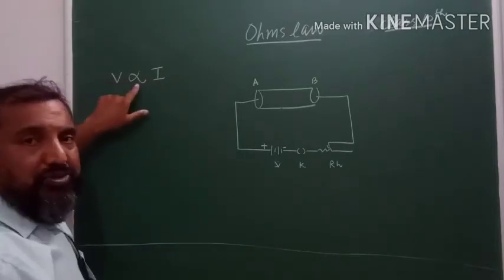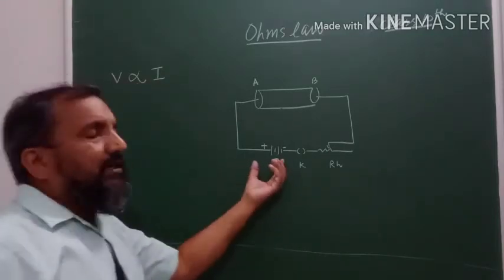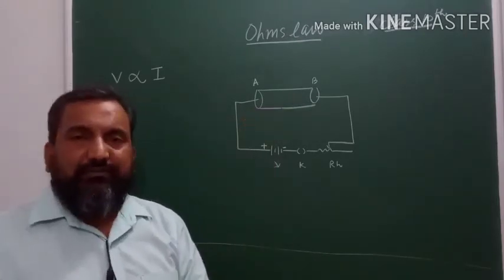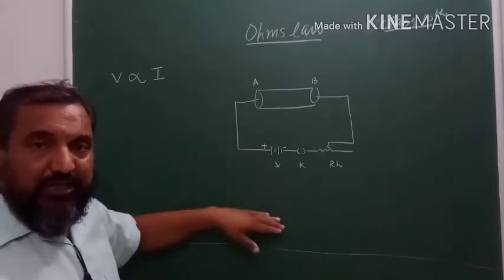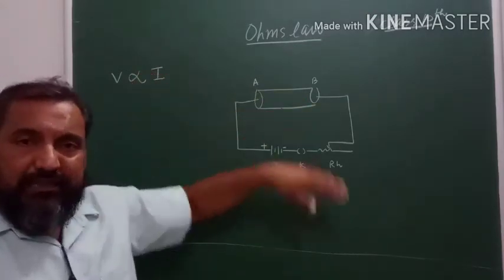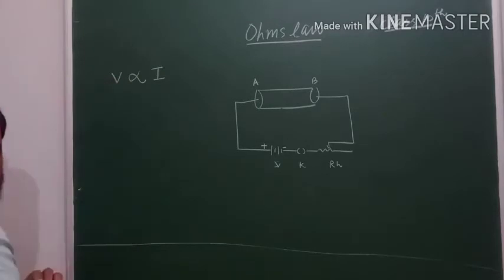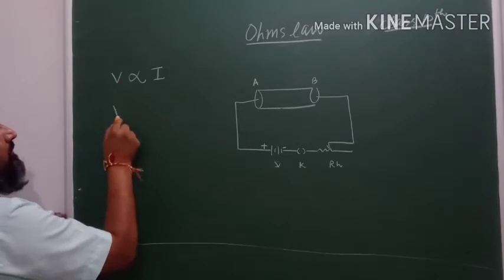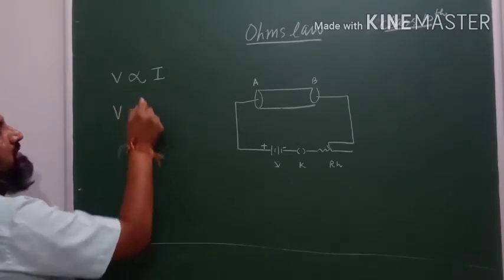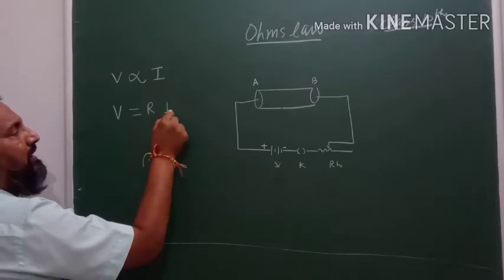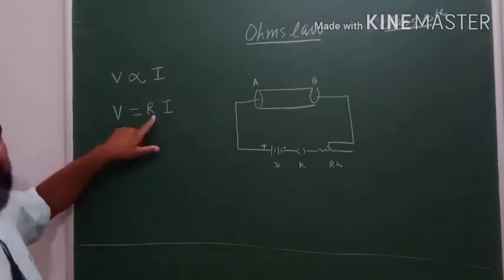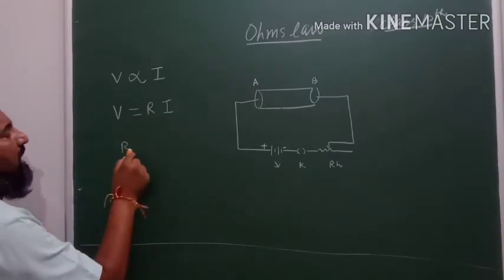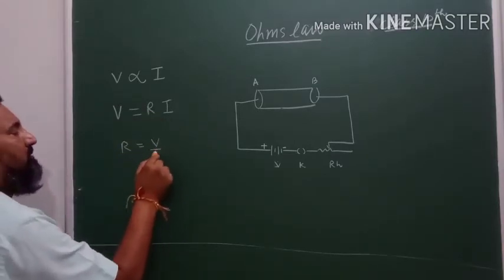Directly proportional means when you increase the potential, the flow of electrons increases, and if you decrease the potential, the current decreases. Removing the proportionality constant, V is equal to a constant times I, and this constant is known as the resistance. So R is equal to V upon I.